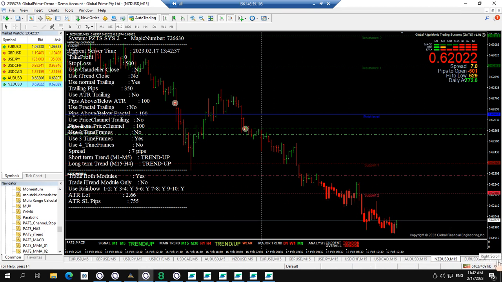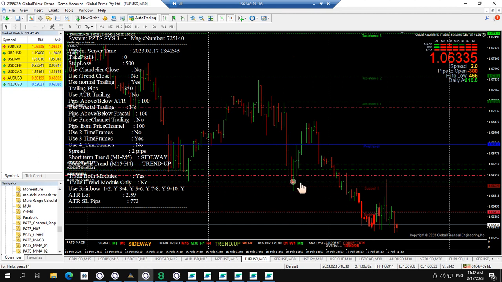I want to go to maybe a higher system so you could see how these individual trails work. You would have seen here a similar situation.